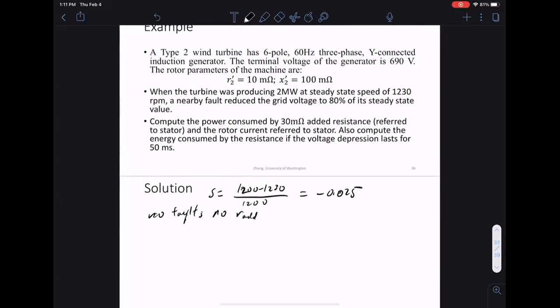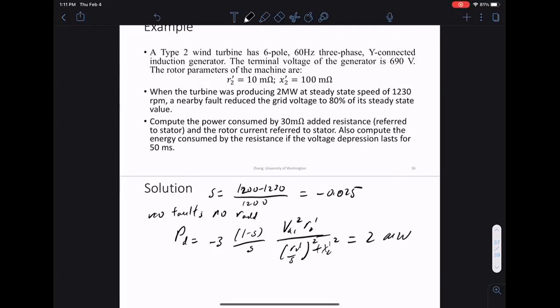We have the developed power as -3, 1 minus S, X2 squared. This is 2 megawatts. Okay, so we have 2 megawatts.